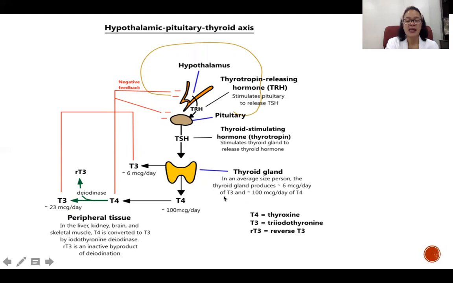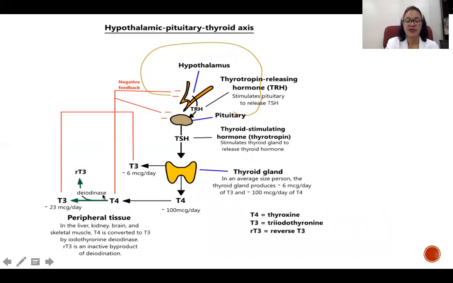Okay, and in an average size person, the thyroid gland will produce 6 milligrams per day of T3 and 100 micrograms per day of T4.